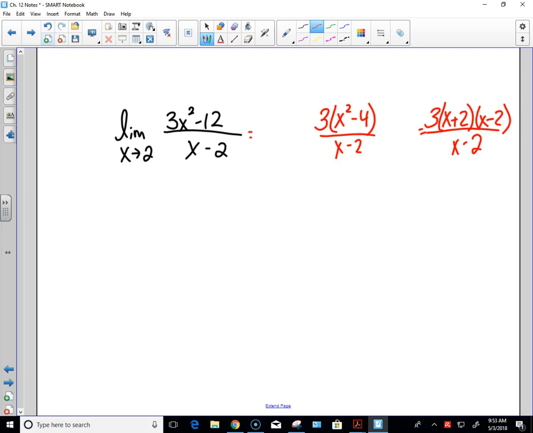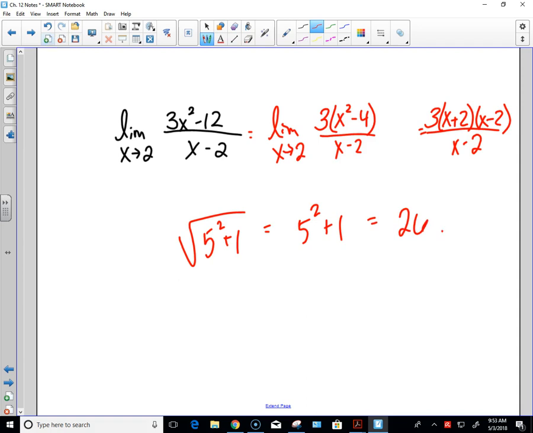Now careful. This does not equal that and does not equal that because this is a limit and that is a function. So careful. You would need to keep rewriting limit. It's as though you were writing something like square root of 5 squared plus 1. And all of a sudden you're like, oh, that's 5 squared plus 1. Oh, that's 26. Wrong.